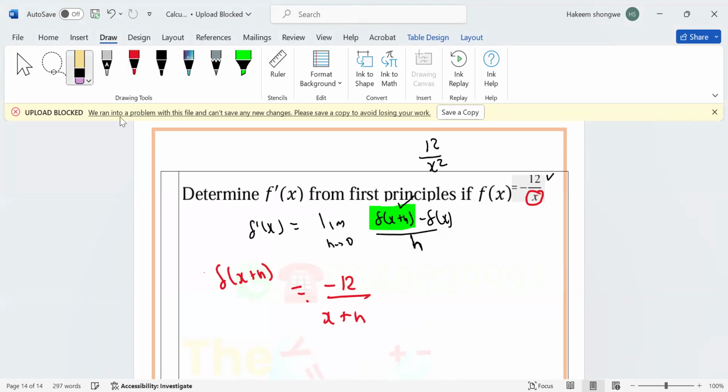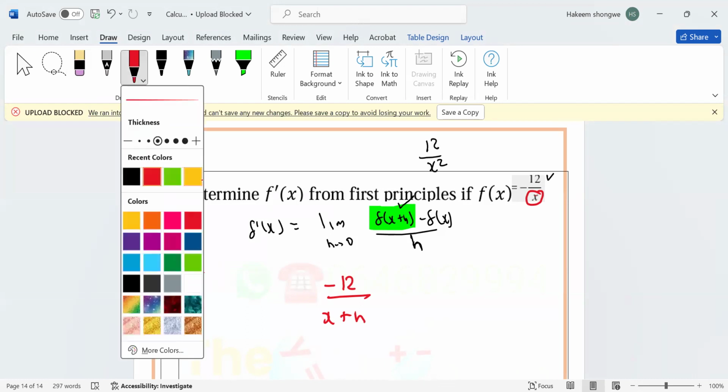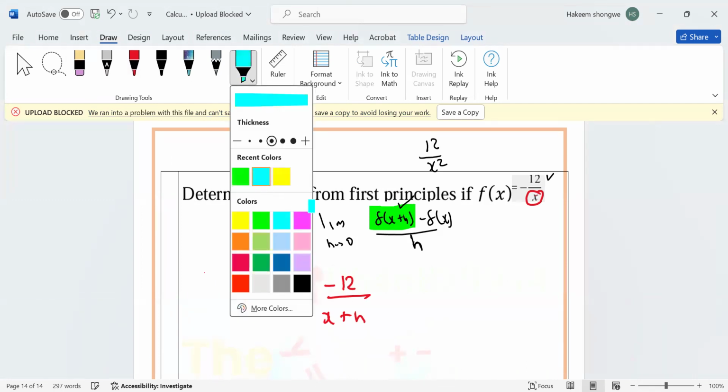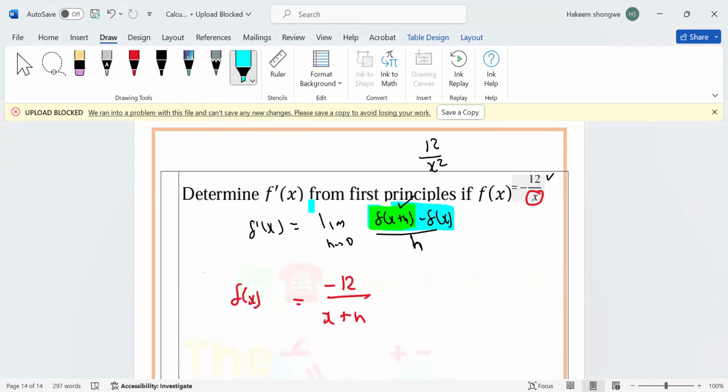And then you should ask yourself, is there anything that can still be done? No, so we're done here. So what is the next thing that we're going to look for? We are going to look for f of x plus h minus f of x, this whole part here. So I'm going to write that.